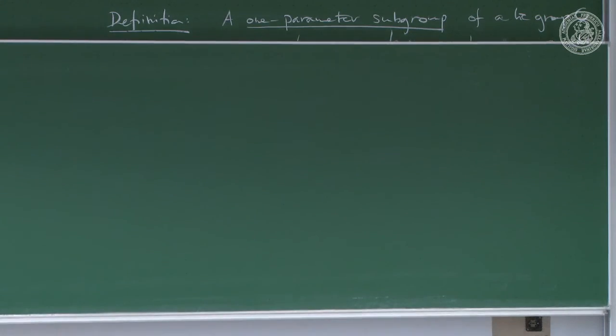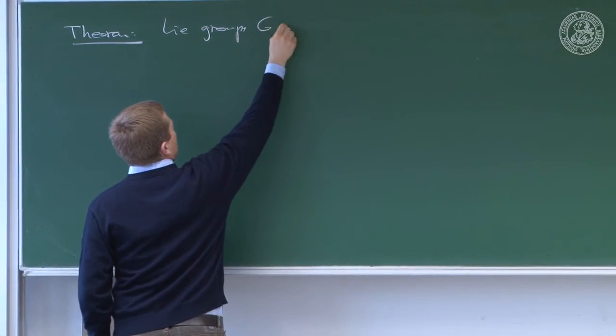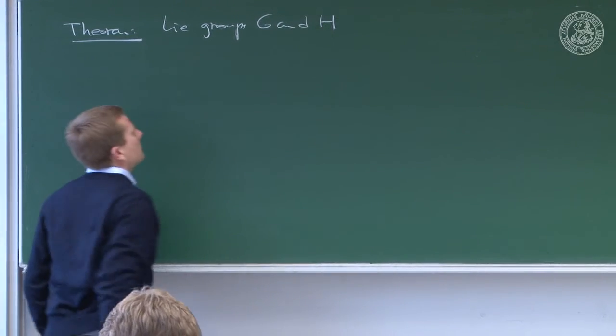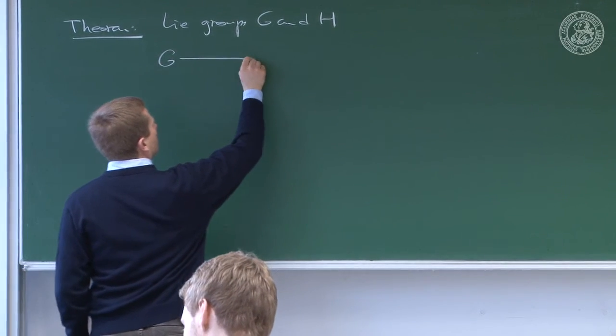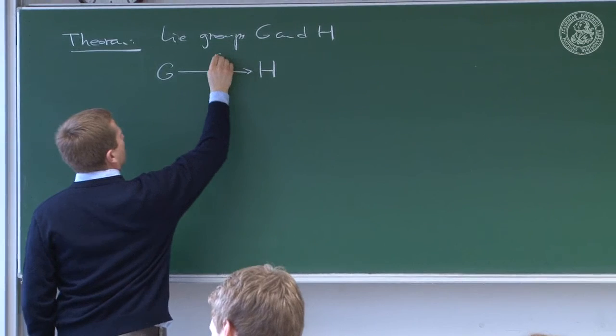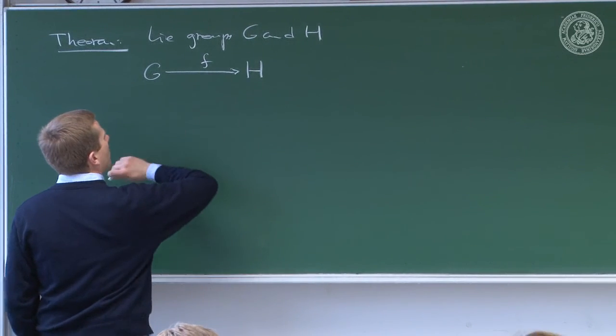So then we conclude with a theorem. It's one of the theorems like one would expect it. So let's say you have two Lie groups, G and H, and you have a smooth map F from G to H, which is a group homomorphism.